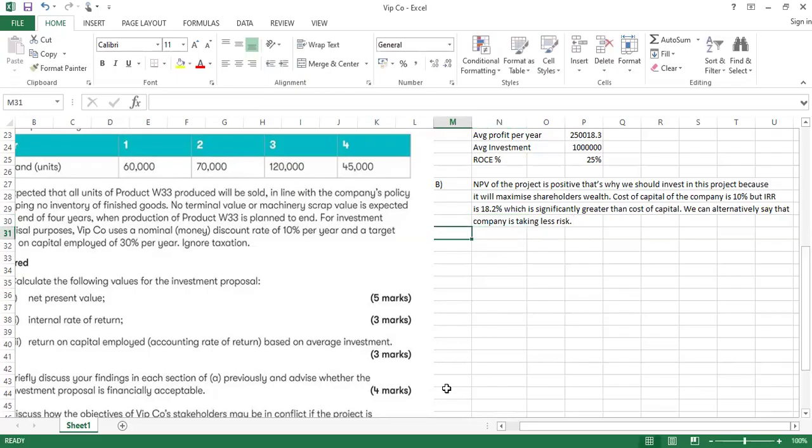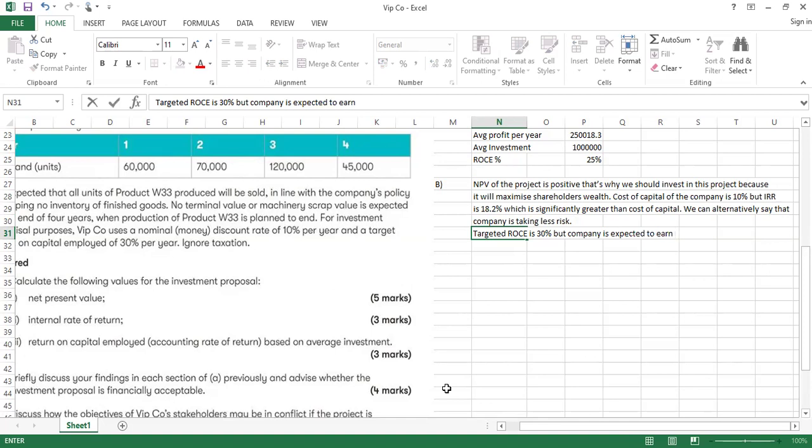Next one is targeted ROC is 30%, but company is expected to earn 25%.